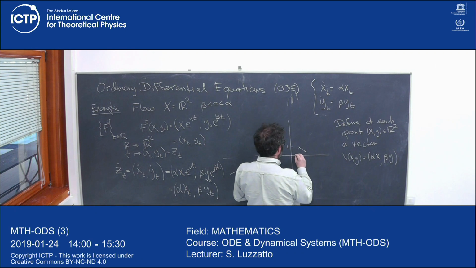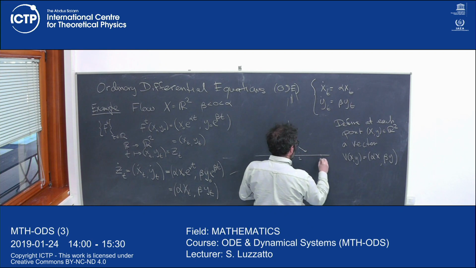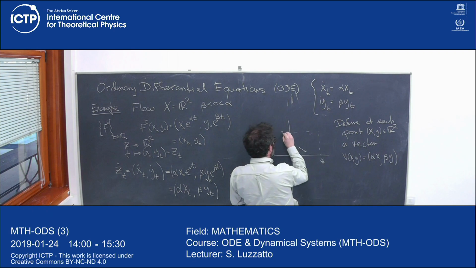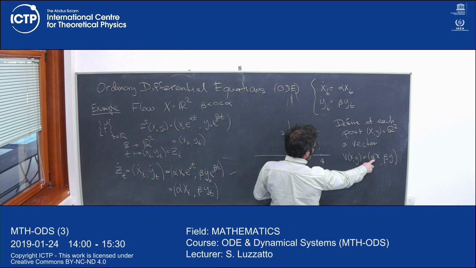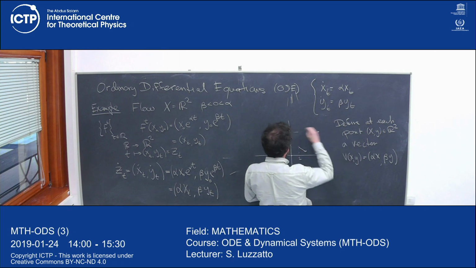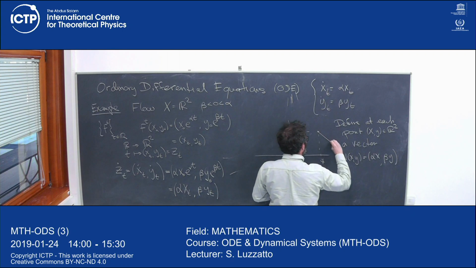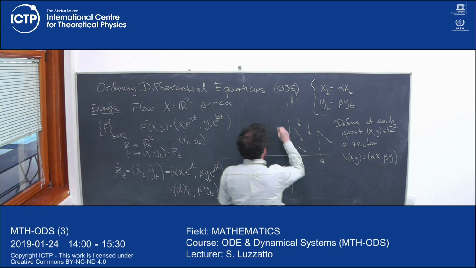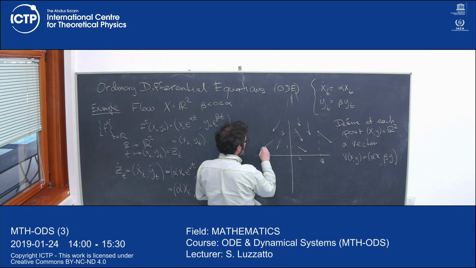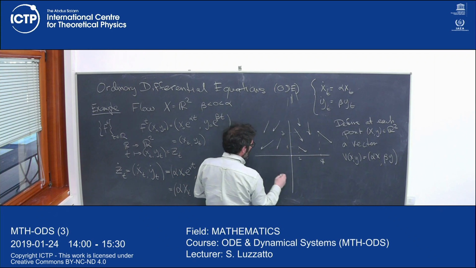And then I take another point, say here, (4, 3), whatever, and I define another vector that is just alpha times 4 and beta times 3, which will give you something like this, okay? And at each point I have a vector, and in fact, all these vectors will look something like this.